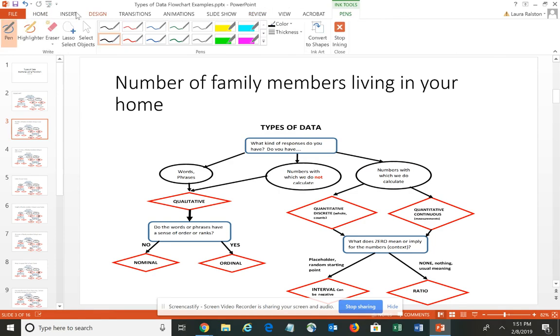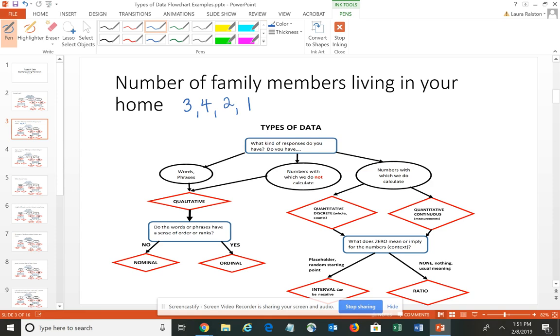Well, most likely you're going to say something like 3, 4, 2, maybe just 1. Okay, so notice that those are numbers. So if you know that it's numbers, then you have to decide, is it numbers that you're going to calculate with or not?